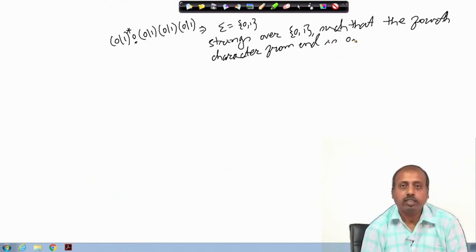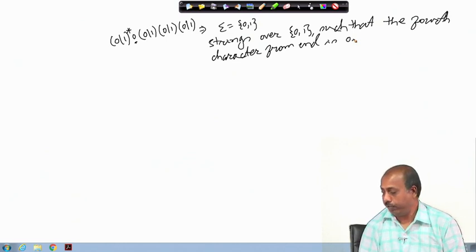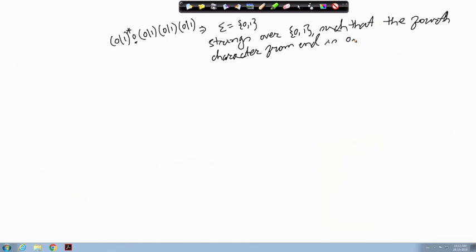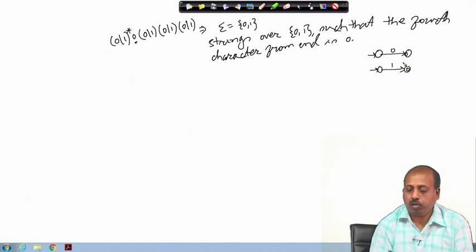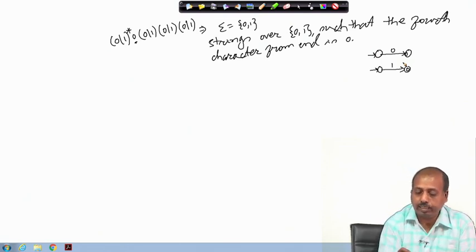So, you can try to construct the NFA for this one, and the NFA for this can be constructed like this. First of all, for 0 and 1, we know that this is the NFA, this is 0 and this is 1. Now, for 0 or 1, we can do it like this.